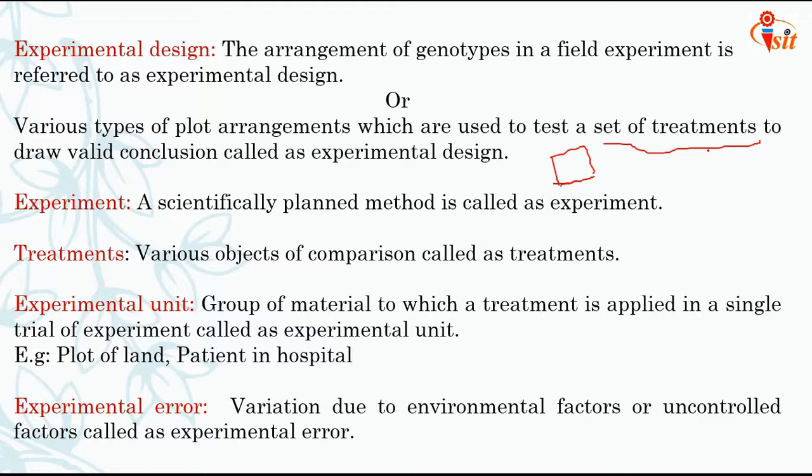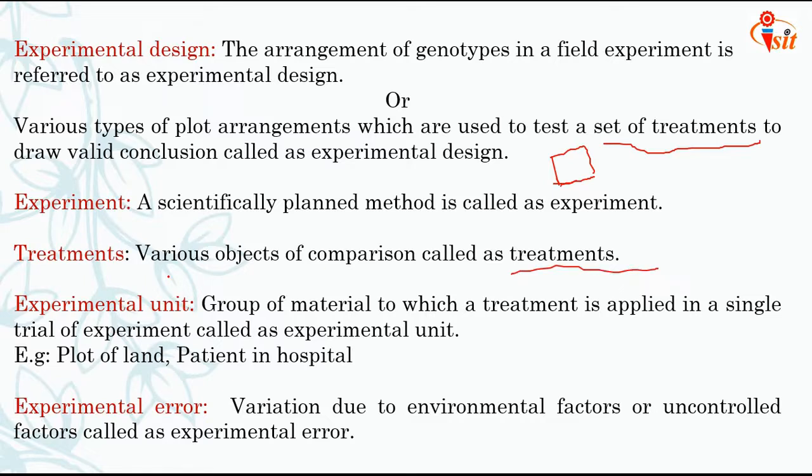Then what is meant by experiment? The definition of experiment is a scientifically planned method. Those methods which are scientifically planned are called an experiment. Then what is meant by treatments? The various objects of comparison are called treatments.